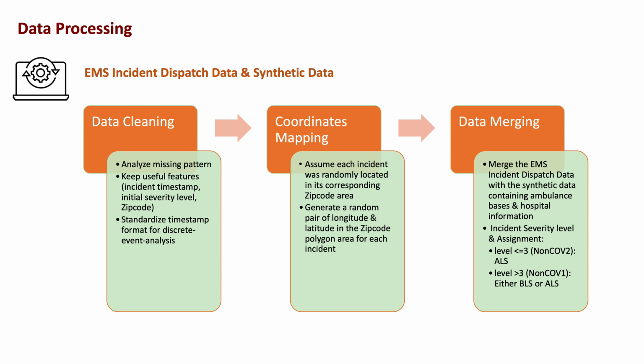We also standardized the time format in order to fit it into the discrete event simulation model. Since no exact incident location was provided, we generated a random pair of longitude and latitude within the zip code polygon area for each incident. And then we merged the EMS incident dispatch data with the synthetic data and fit them into the simulation model, and use the initial severity level of each incident to decide whether an ALS type ambulance is required.